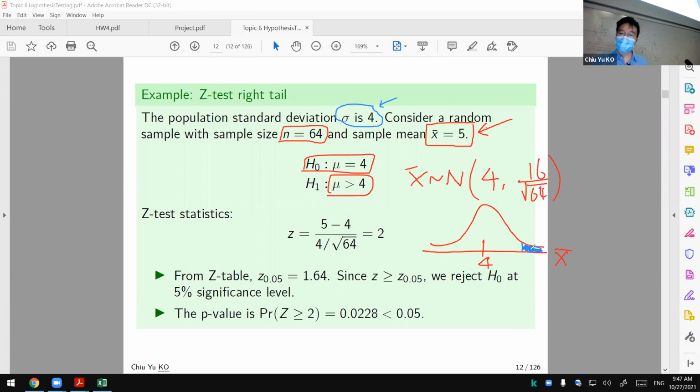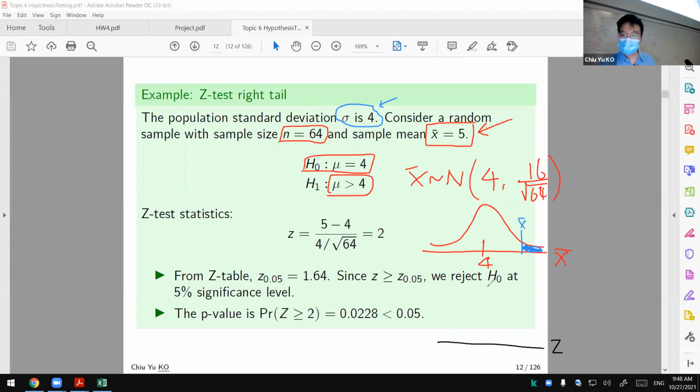When you say unlikely, suppose this is the sample mean you collect. If on the right-hand side, the blue area is less than say 5%, then you reject. Of course, you can do it directly, but it's customary to convert this into the Z space.